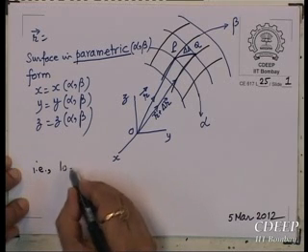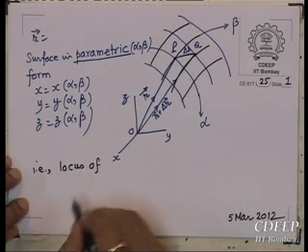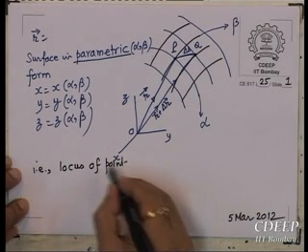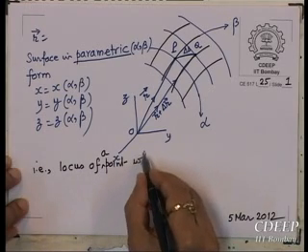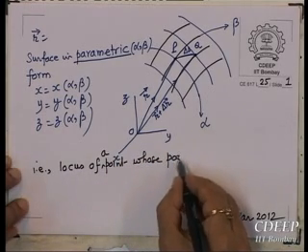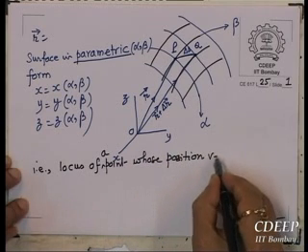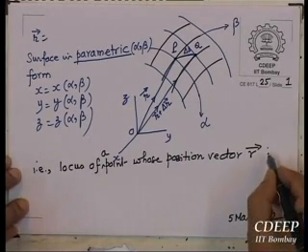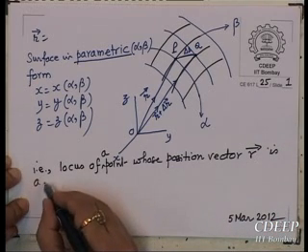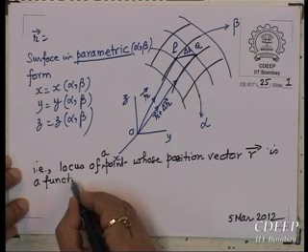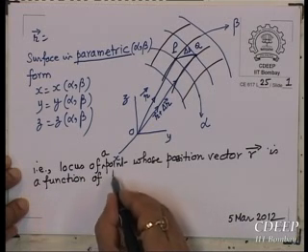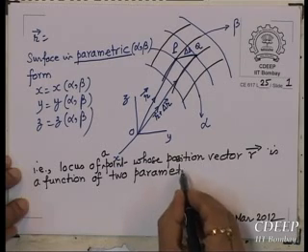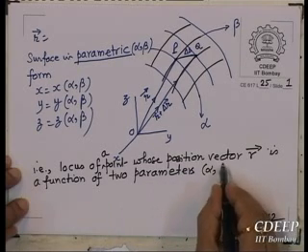It is a locus of a point whose position vector r is a function of two parameters, alpha and beta.